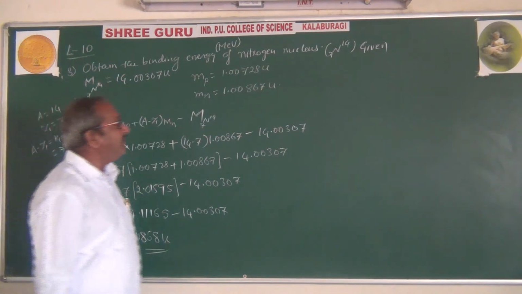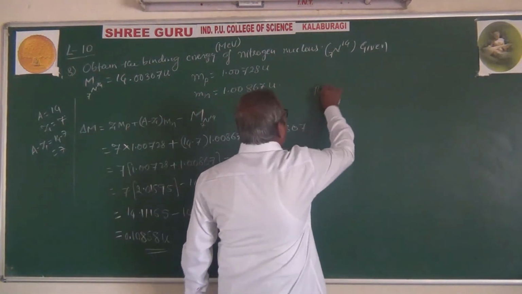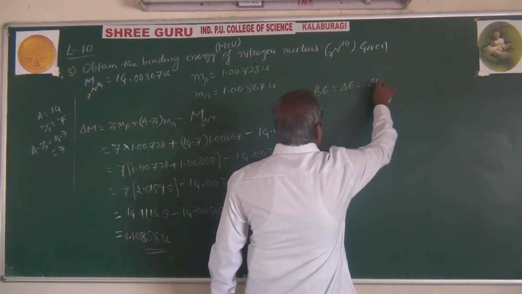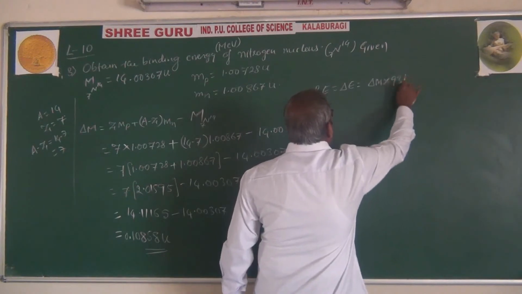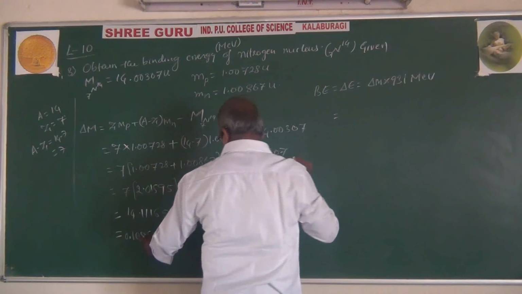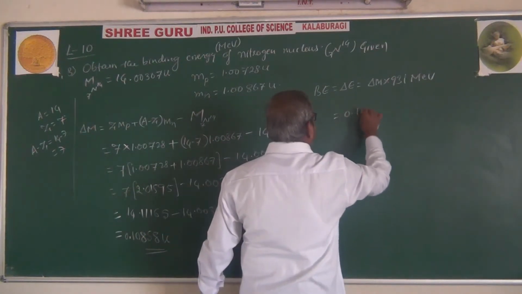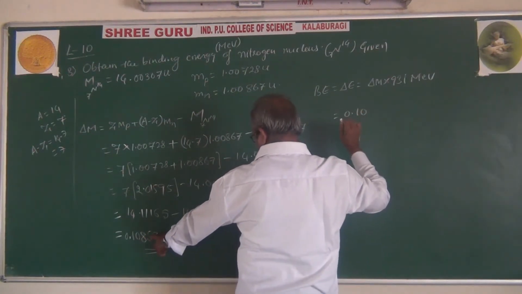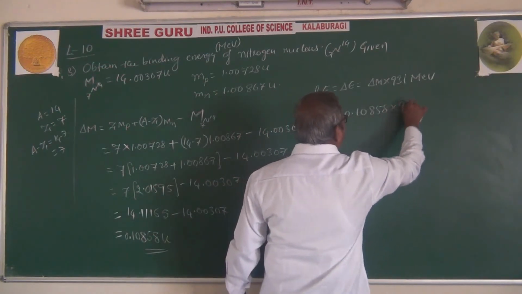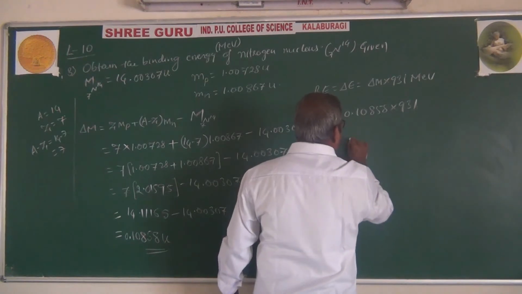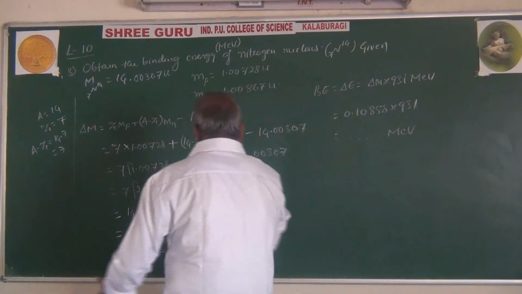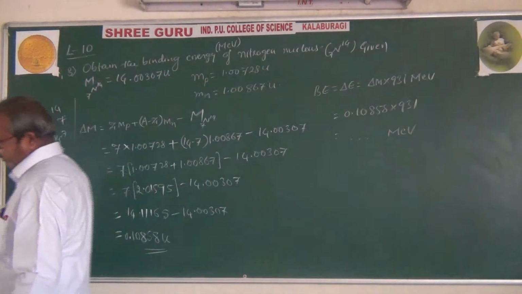Now therefore binding energy, delta E, equals delta M into 931 MeV. This is equal to 0.10858 into 931, and this is your answer in terms of MeV.